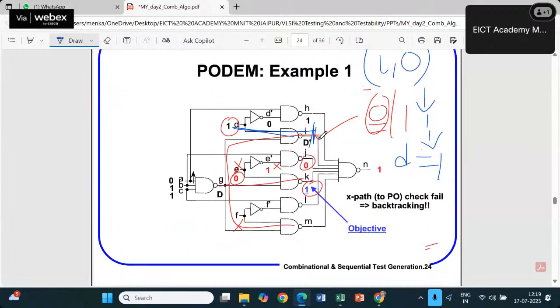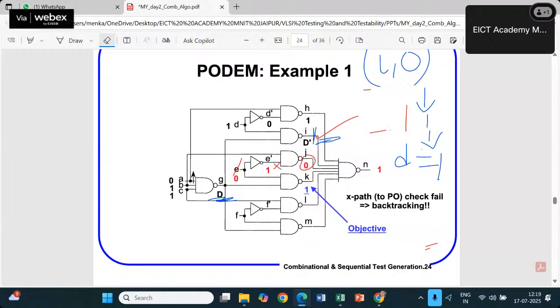D already passed through this, and D is available over here also. So what will be the set of D frontiers? Frontiers means what is there in front of D, so that I can take it to the output. So that is my D frontier, right? So if I already is having D, then my D frontier next to I is N, right?